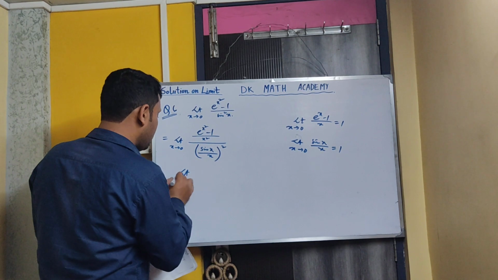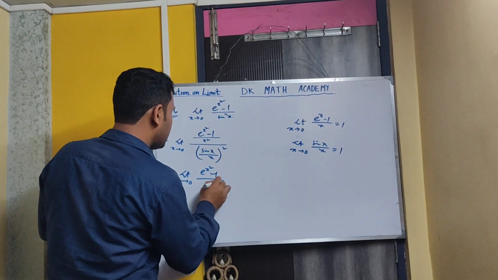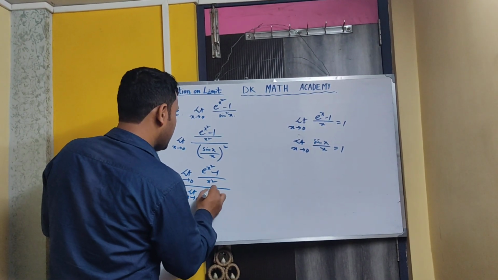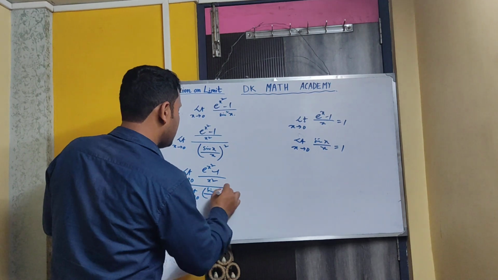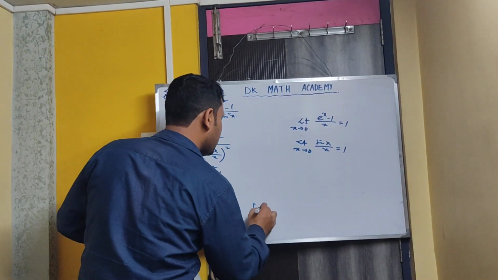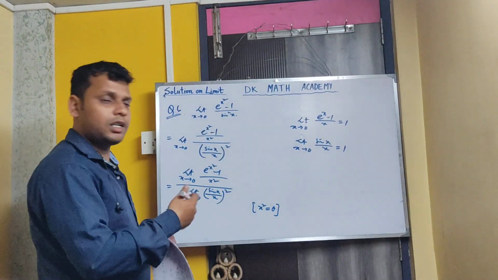So, limit x tends to 0, e to the power x square minus 1 divided by x square, and this is limit x tends to 0, sin x by x, its whole square. That means we can put x square equals theta, then x tends to 0 will imply theta tends to 0.